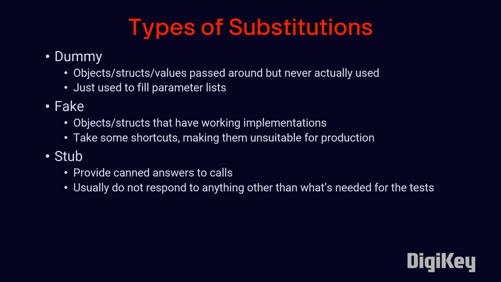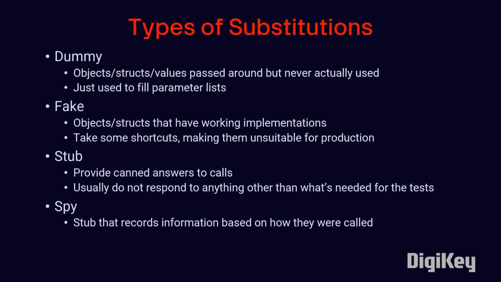These are bare-bones implementations of classes, structs, or functions that provide canned, predetermined responses to calls. They usually do not respond to anything other than what's needed for the tests. Sometimes you'll see the term spy, which is similar to a stub, but it records information on how the function or class was called or used.